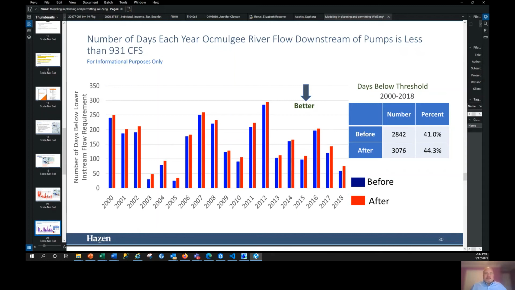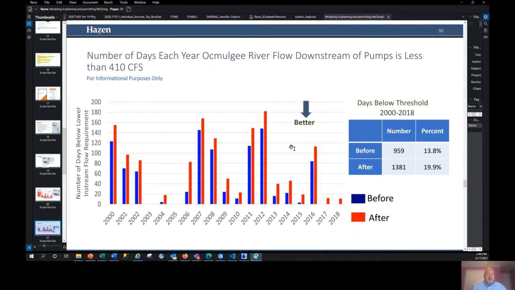Indeed, there is an impact. It's larger in some years and smaller in others. But on average, the impact is an increase in the percent of time pumping cannot occur. And it goes from 41% of all days to 44.3% of all days, or in a given year, roughly 12 additional days where pumping is restricted.